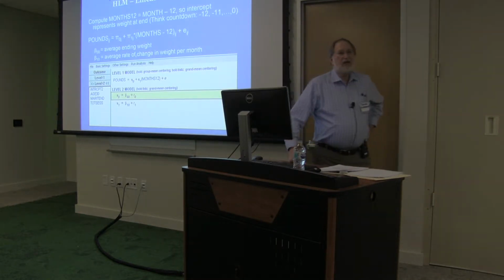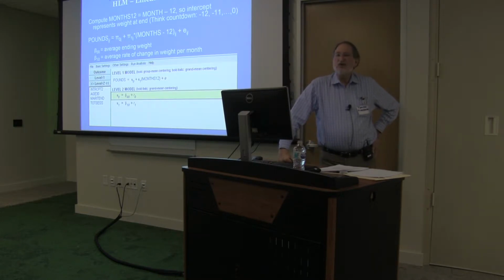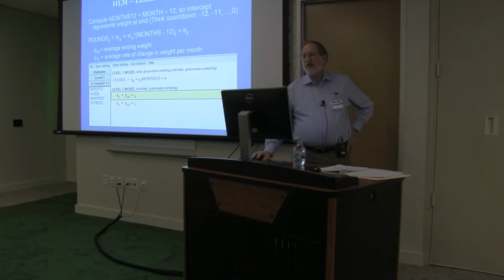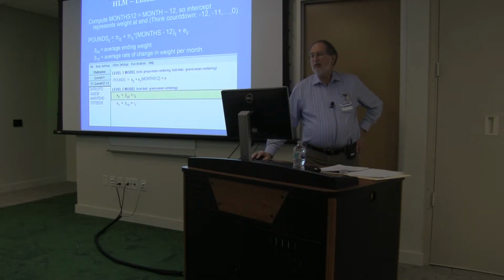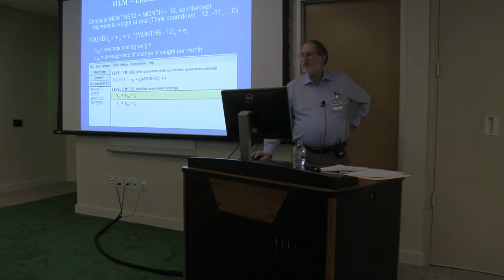All right, let me explain what this series of equations tells you. It only looks complicated because it's got Greek letters in it. It says, basically, I want to predict the number of pounds a person J weighs at a particular time I by an intercept plus a slope times the number of months into the study they were.